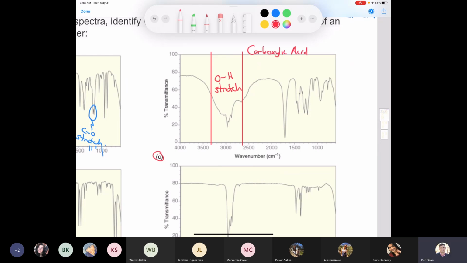What else do you see for a carboxylic acid in here? Is there anything else that looks interesting to you? Yeah, exactly. Both of my students are correct. Mackenzie and Bruna, you're both bang on the money. They're saying somewhere around here.